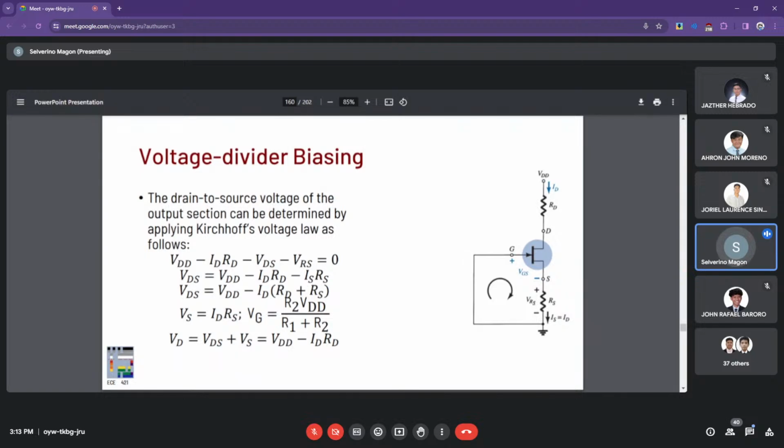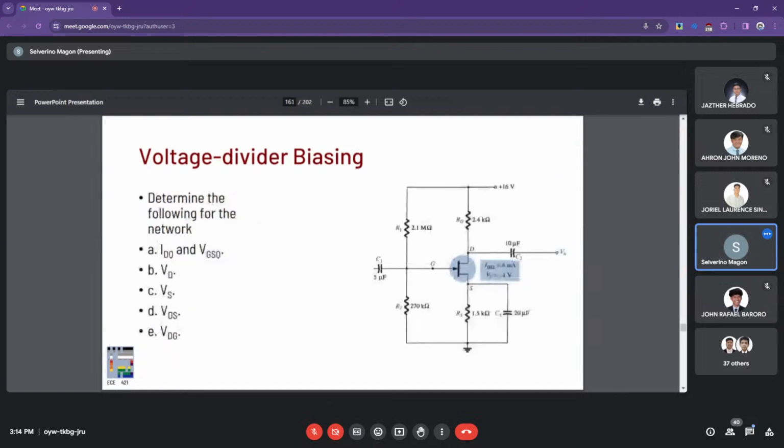All right, so that's the thing we need to come up with, the drain current at Q point and the drain voltage, because the voltage across the drain is where we're gonna tap our output.